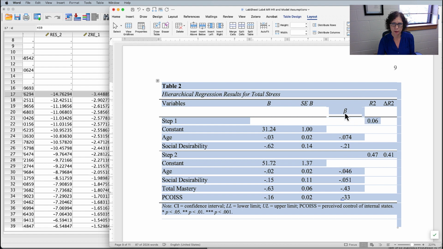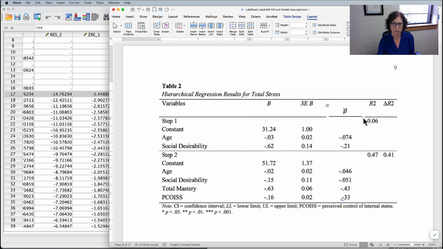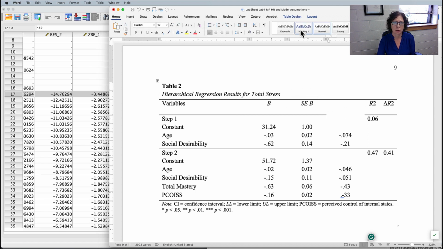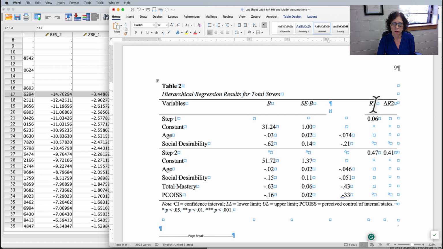I see a problem here with my beta being down a line and having its own like table within. So I'm going to try to fix that. I'm just going to delete that little bitty table with the beta in it. Okay, so I have some fixing to do there, right? I'm going to turn on these so that I can see what's going on. Like I see a return there that doesn't need to be there.